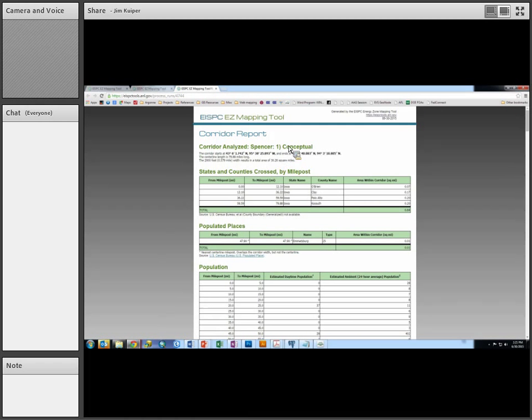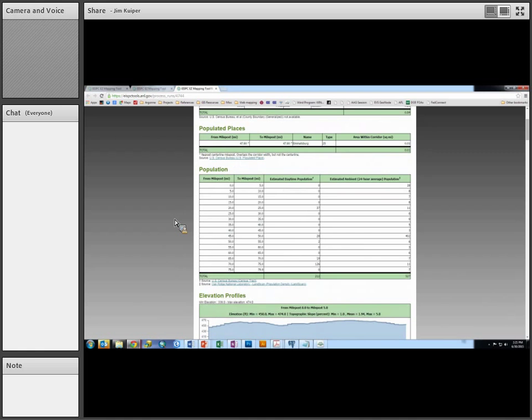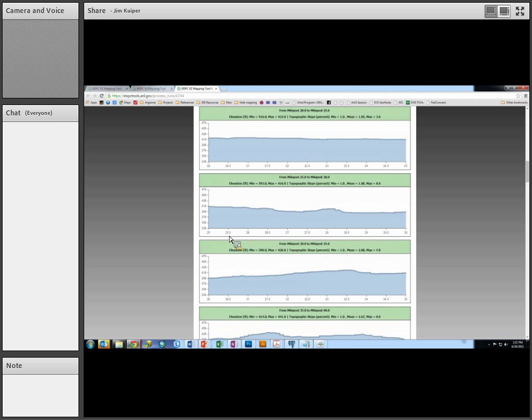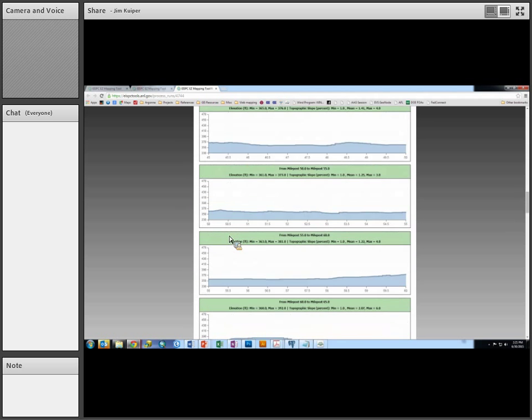So that conceptual line, I can generate a report that has all kinds of information about the things that it crossed and their characteristics. But just a few flags in here. It looks like it's going through a couple more populated areas. So here, we get a series of elevation profiles for the different segments of the line.